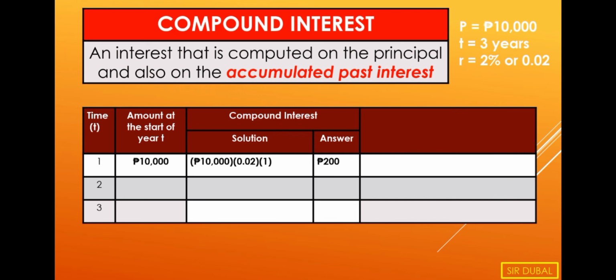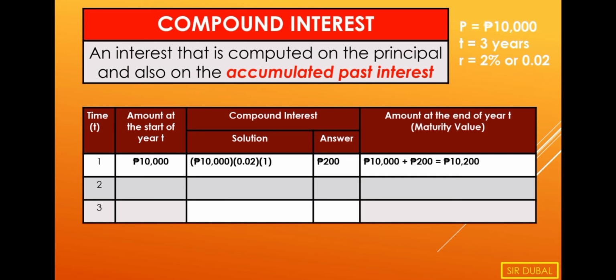So the result will be 200 pesos. So for the amount at the end of the year, or what we call maturity value, the answer will be 10,000 pesos plus the interest, which is 200. The answer is equal to 10,200.